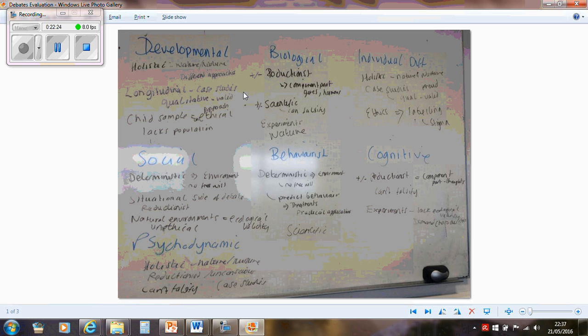You can say it's a strength of holism, because you're looking at lots of different explanations for behaviour. We mentioned this before when we said Cheney's study could be behaviourist, could be social learning theory, could be developmental over time. So that gives you a little bit of an insight into things that you could perhaps talk about. Make sure you're linking the similar points back to that approach, and then it'll be good.